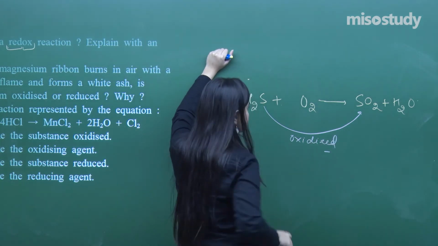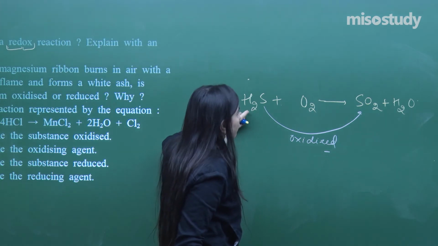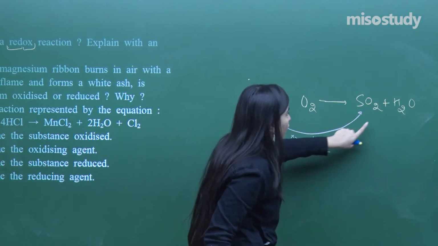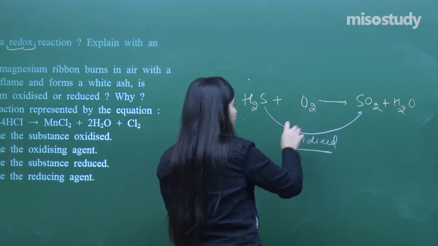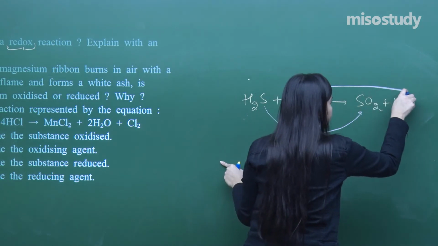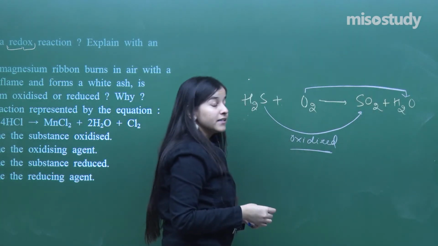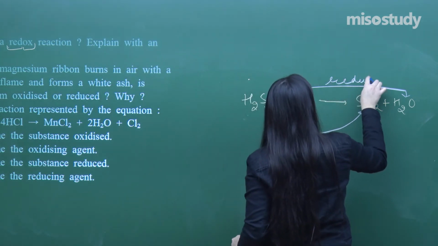Now, what about this hydrogen? Here, addition of oxygen is oxidation, so it is getting oxidized. Whereas if we talk about this oxygen, here hydrogen has been added on the product side. That means addition of hydrogen is reduction.